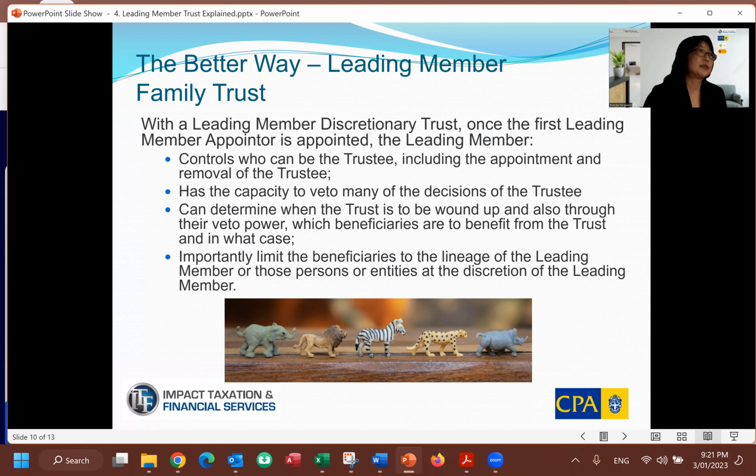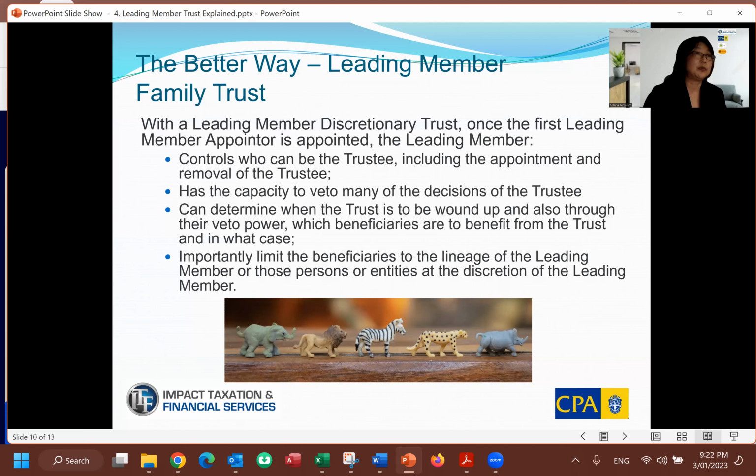They also have the capacity to veto many of the decisions of the trustee, and can determine when the trust is to be wound up, and also, through their veto power, which beneficiaries are to benefit from the trust and in what case. And also importantly, limit the beneficiaries to the lineage of the leading member or those persons or entities at the discretion of the leading member.